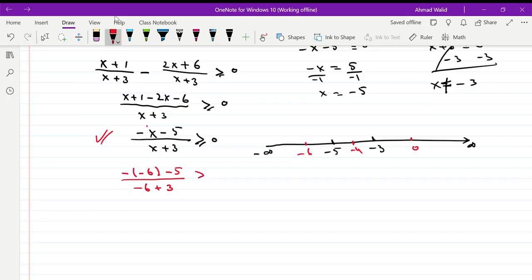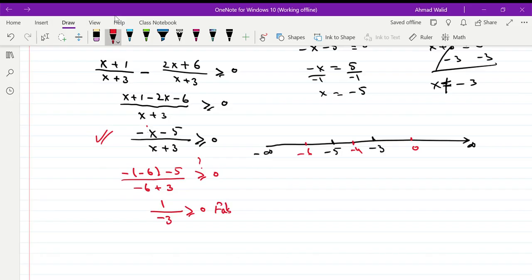Is this greater or equal 0? We don't know yet. Negative 6 gives you positive 6. 6 minus 5 gives you 1. Over negative 6 plus 3 gives you negative 3. Is this greater or equal 0? Of course, it's a false statement. Correct? Then this is not the solution, this region.